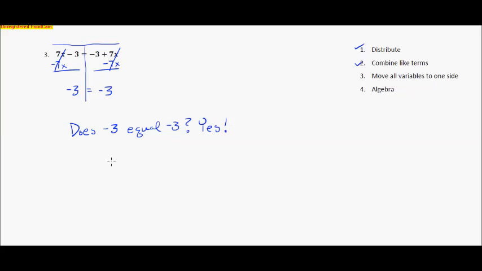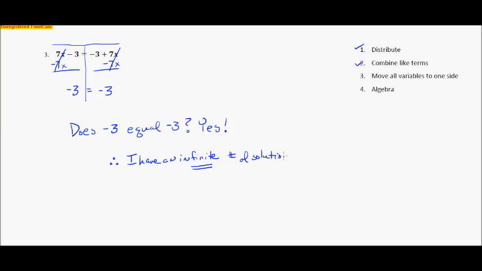Same as the one before, we eliminated the variables, and I'm just asking myself, does this make sense? Well, yes, negative 3 always equals negative 3. If that happens, then that means I have an infinite number of solutions to this problem.